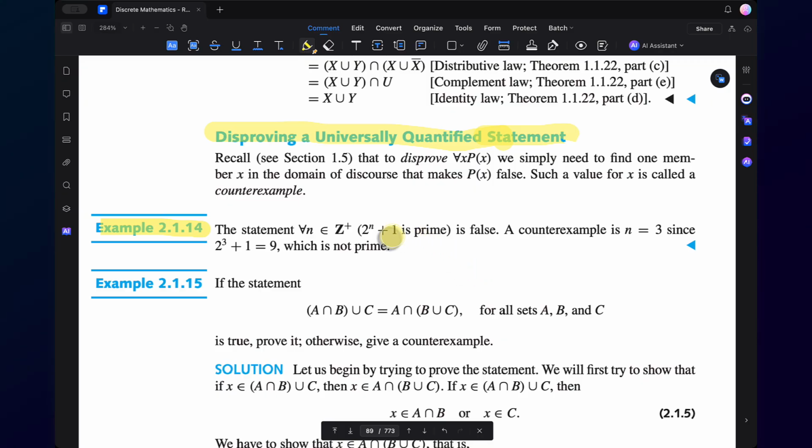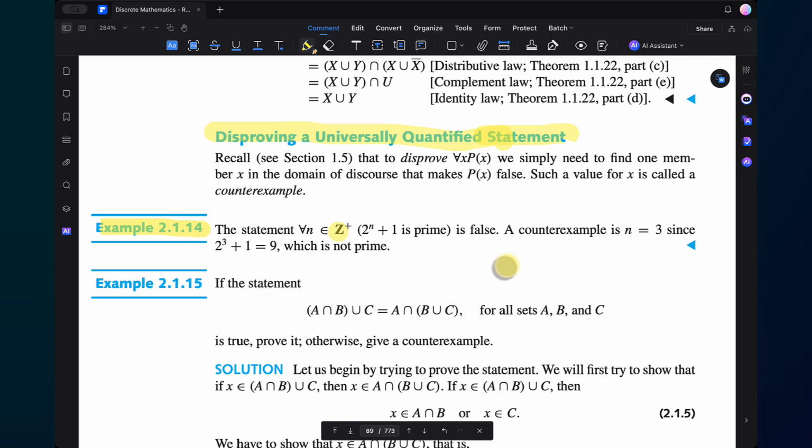To show that the statement is false, you just need to come up with one counterexample. Notice if we take n equal to 3, then 2 cubed plus 1 is 9, and that's not prime, which is enough to prove that the statement is false.